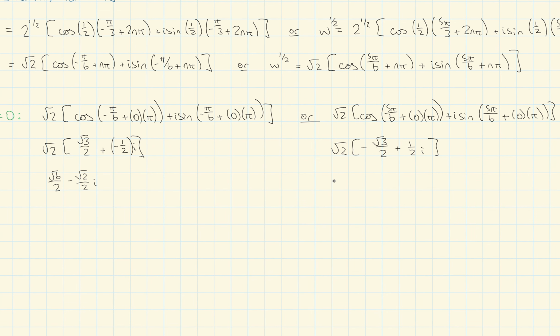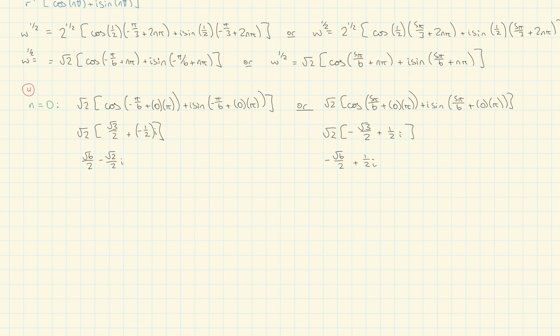And then we multiply in. So for n equals 0, and then now we have n equals 1. So that's root 2 cos of minus pi over 6 plus 1 times pi plus i sine minus pi over 6 plus 1 times pi again.